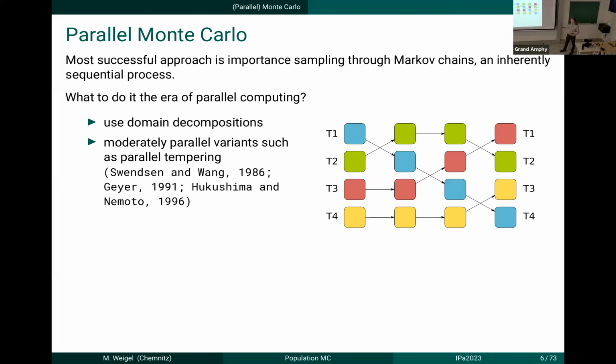But the point is, it's not, in that sense, massively parallel. This is obviously a cartoon, but it doesn't usually make sense to have thousands or tens of thousands of temperatures. That is essentially, at least in part, connected to the point that you do a random walk in temperature space.